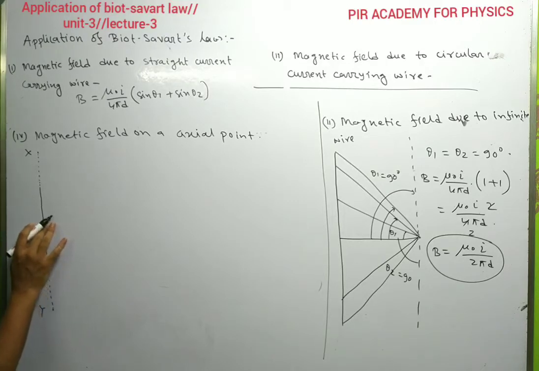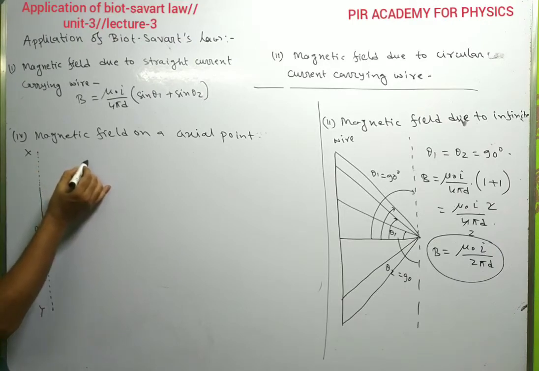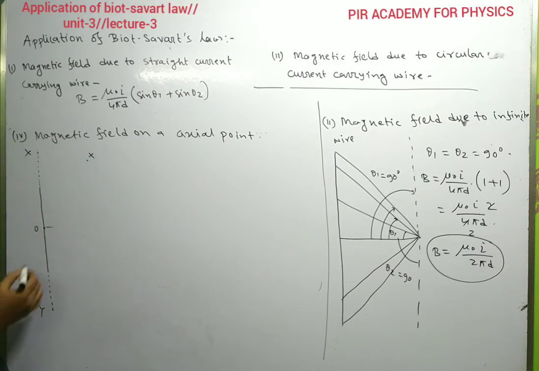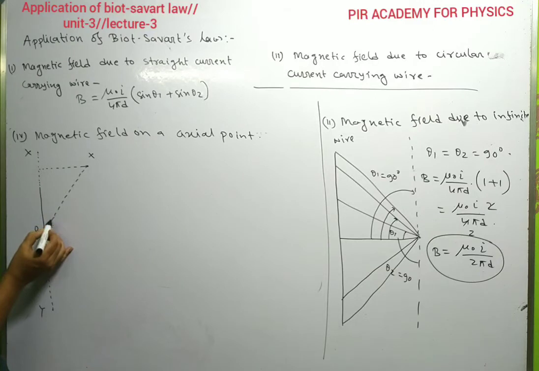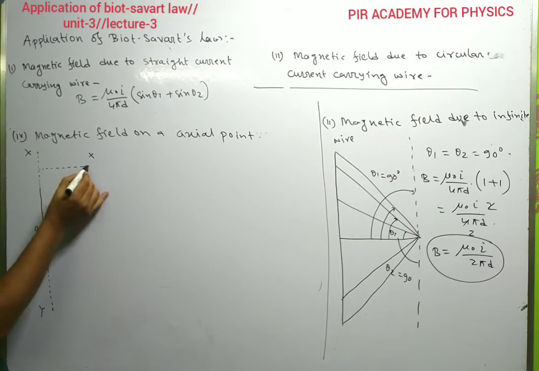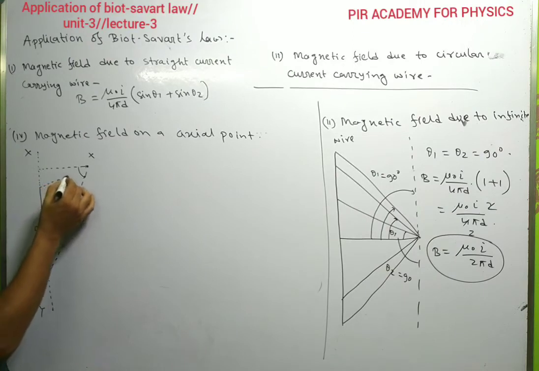Here you see that this is the point O, suppose. Then you have to calculate theta 1 and theta 2. This is theta 2 and this is theta 1.